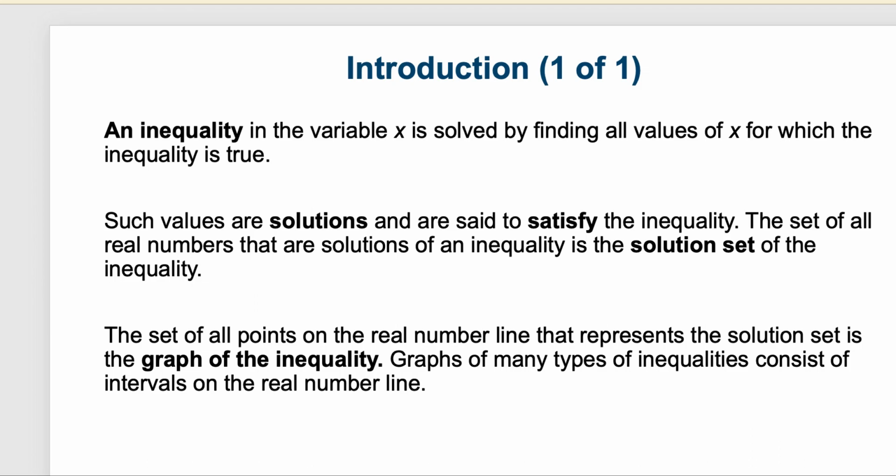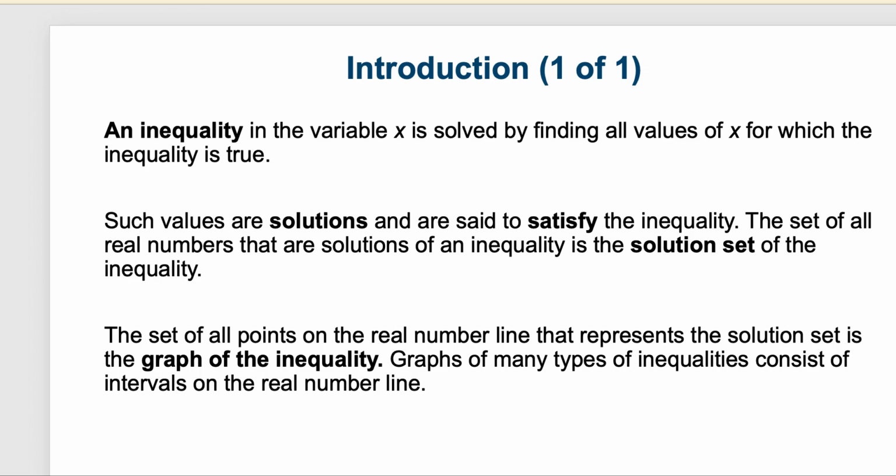Those solutions satisfy the inequality, and the set of all real numbers that are solutions of the inequality is called the solution set. If you plot all those points on the real number line, that represents the graph of the inequality.